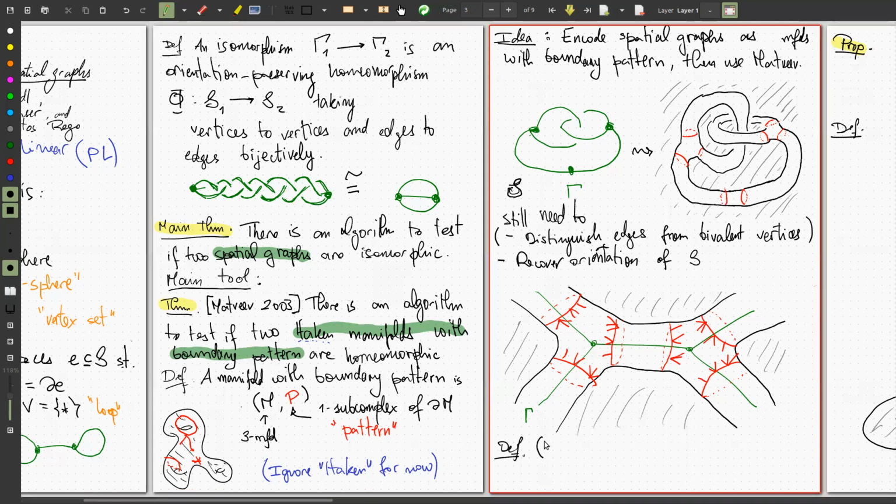So we denote it by X gamma, where X should suggest exterior. So it's X gamma, P gamma is the marked exterior of gamma.